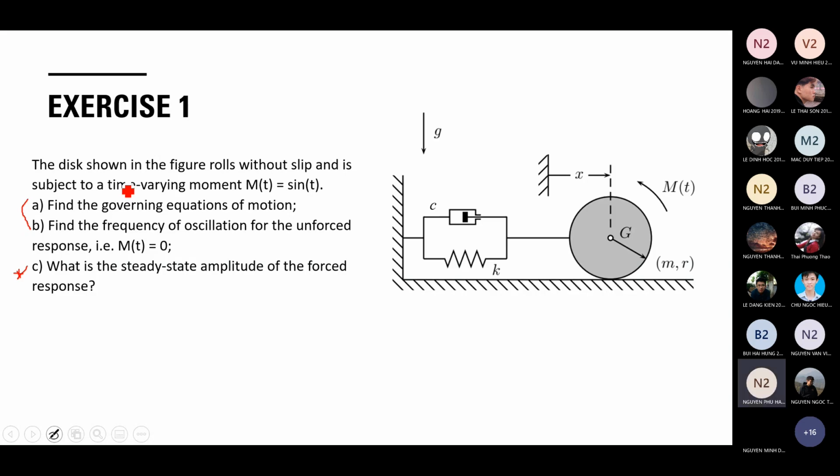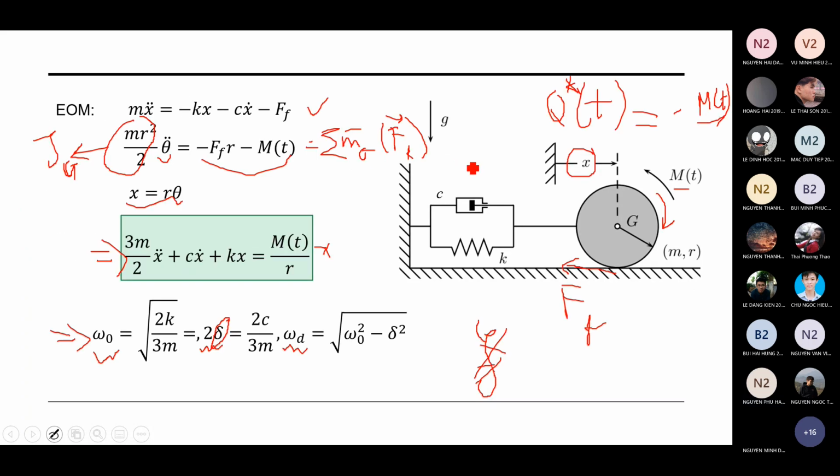Yes, I have a question. I think the generalized force is minus Mt over R. Okay, right. It is over, sorry. Yes.